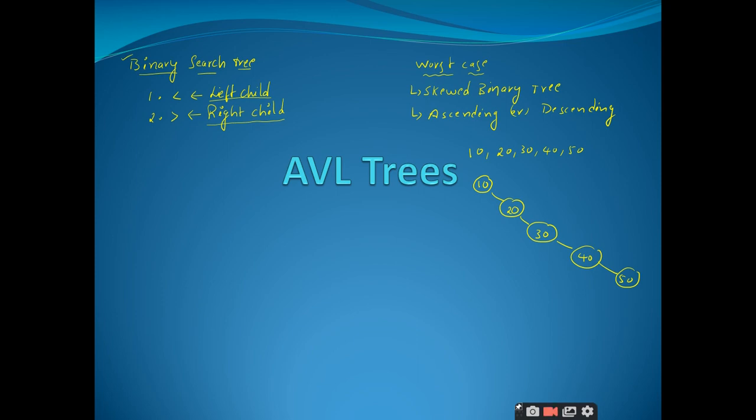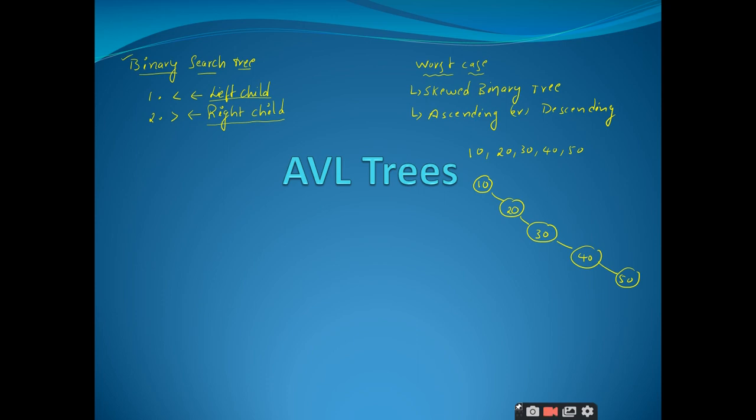We are either going to search in the left hand side or we are going to search in the right hand side. So almost at each and every point you are performing your operation in only half of the elements. You are going through only half of the elements, right? So thereby you are getting the efficient search, insertion and deletion operations.